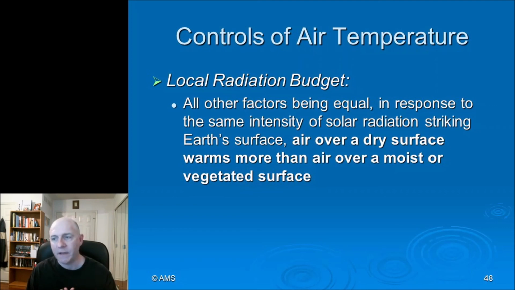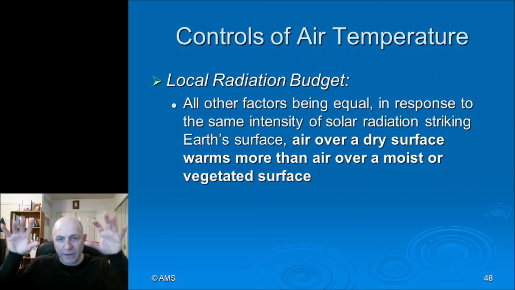We think about other things that are controlling the temperature in addition to what we just said. Think about what the ground is made of. We think about a dry surface or a wet surface. Is it pavement? Is it vegetated? All of those things matter. All else being equal, because of what we said before, it takes a lot more energy to raise the temperature of water than it does to raise the temperature of dry ground.